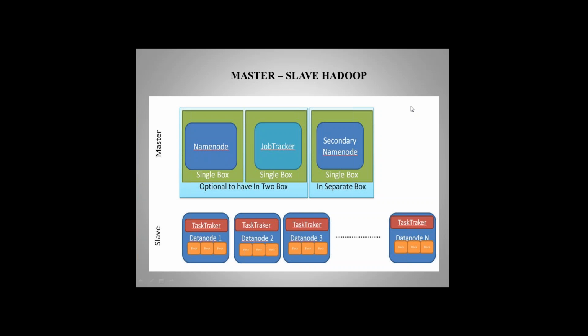That's it. When your name node goes down, secondary name node will not act as primary name node. So simply I can say secondary name node is not a failover of your name node. Rather, if your name node goes down, you can bring a new name node into the environment and reconfigure it with the existing copy present in the secondary name node. That's how you can do it.